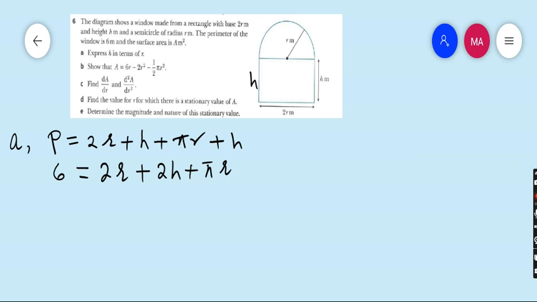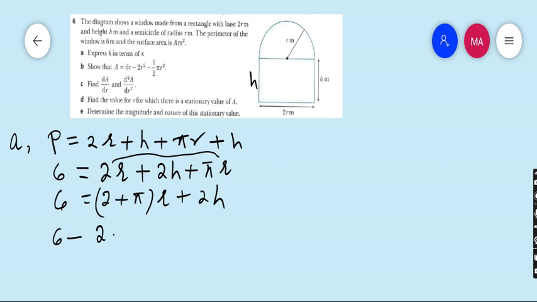What is the requirement? Show h in terms of r. It means we have to make h the subject of the given formula. So 6 is equal to, we take r common from these two, so this is (2 plus pi) into r, plus 2h. Then (2 plus pi) into r shifts over here as minus (2 plus pi) into r, equals 2h.